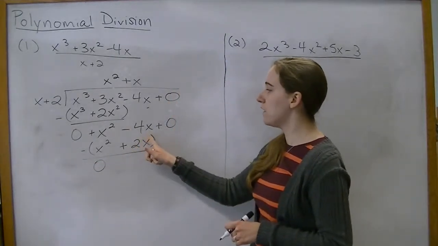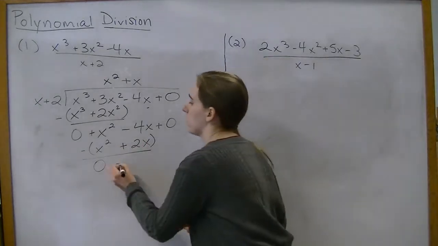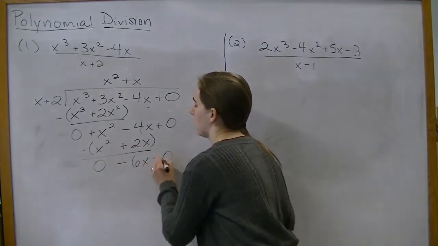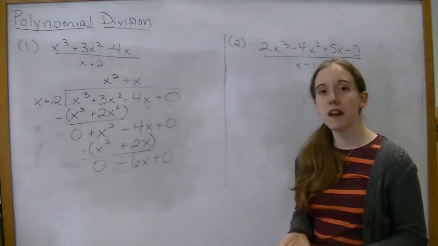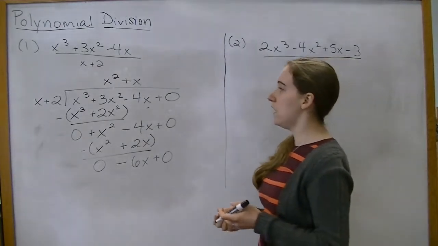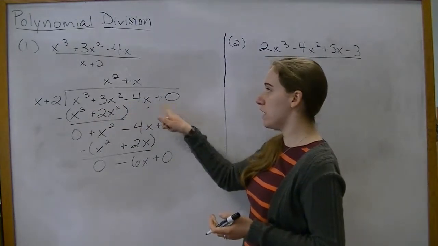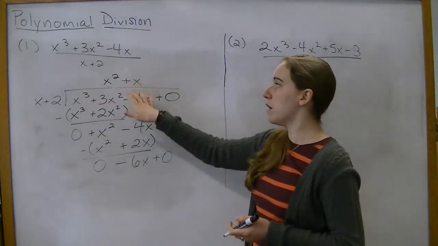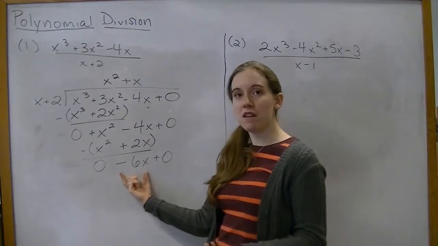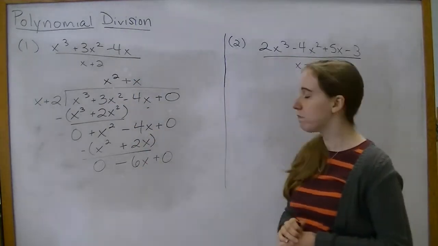We have minus 4x minus 2x will give us a minus 6x. And I can bring down the plus 0. Now we've finished a second step of polynomial division. So I could rewrite this original function, this original polynomial, as x plus 2 times x squared plus x plus the remainder of minus 6x.